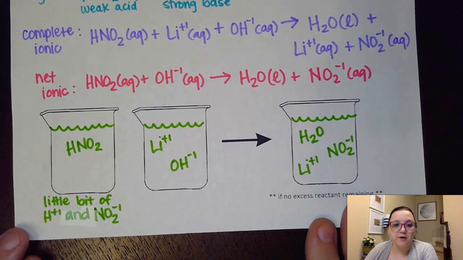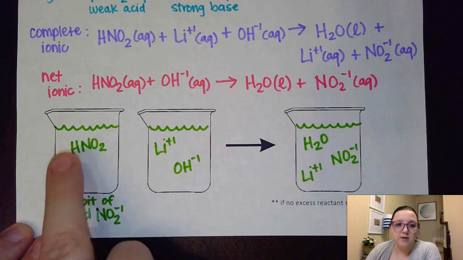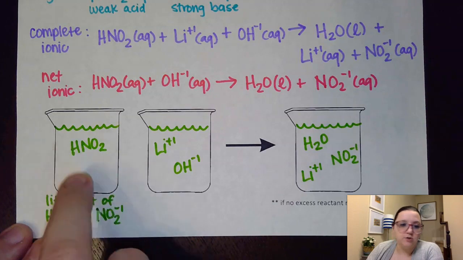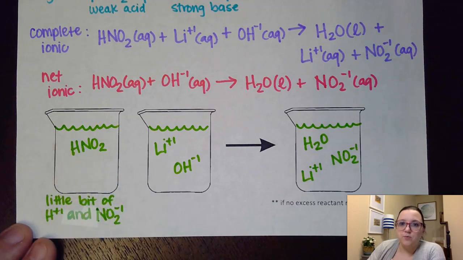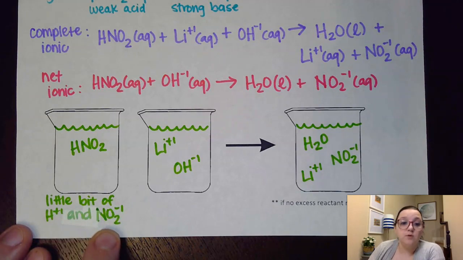our particle diagram, I went ahead and just wrote HNO2 in my beaker. If you remember doing these beakers back in Unit 3, a lot of times we would write HNO2 4 or 5 times, and then we would write 1 H and 1 NO2 to show one of them had split up. Well, here, because I want to maintain my mole-to-mole ratios, I just made myself a note that there might have been a little bit of H and NO2 -1 ions in there.